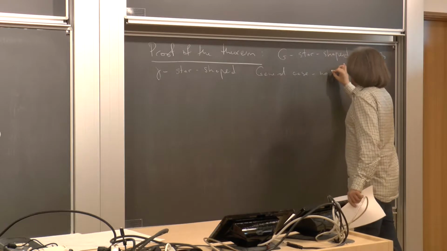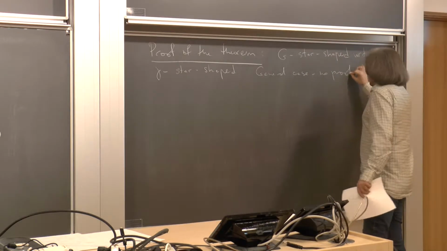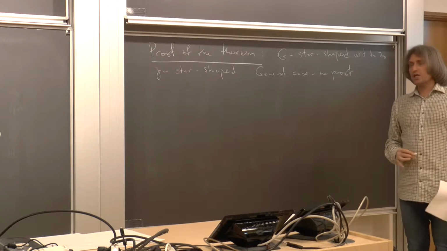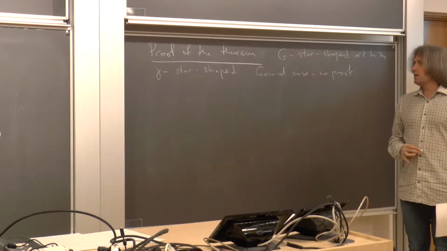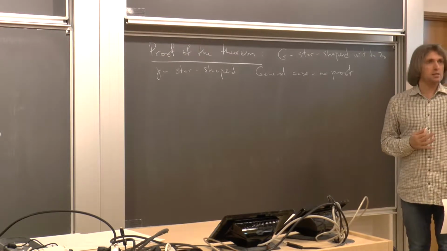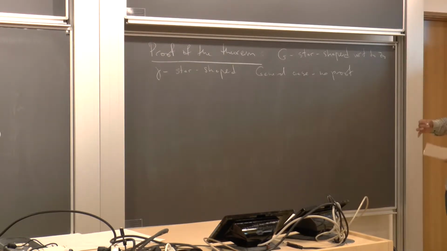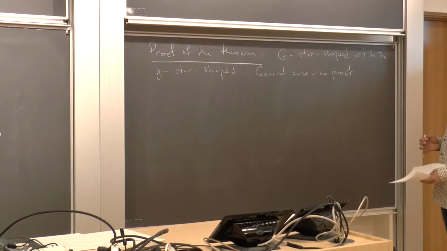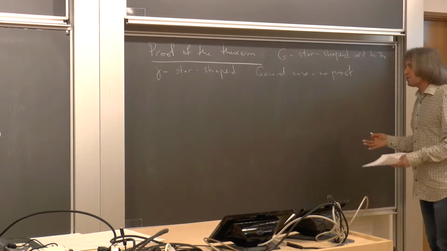However, as I mentioned, star-shaped is basically the only realistic example of contractible subsets we can handle, because of simply connected subsets we can handle. The more general ones we don't have tools to verify.